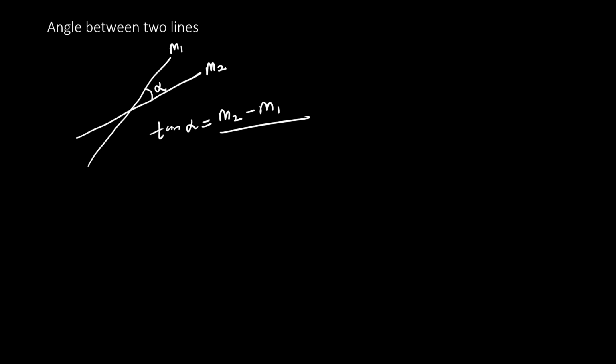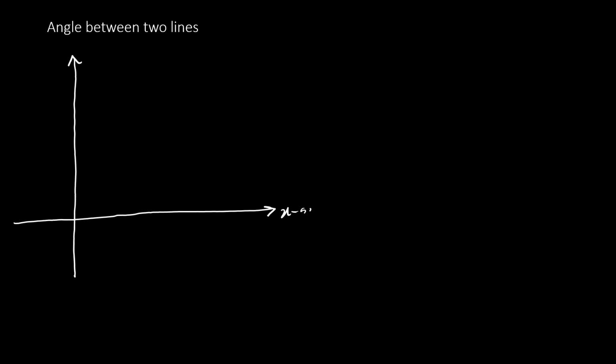Now let's look at a Cartesian plane. Here we have our Cartesian plane with the y and the x-axis. Let me redraw the x-axis. Okay, we have the x-axis here, and we have the y-axis.